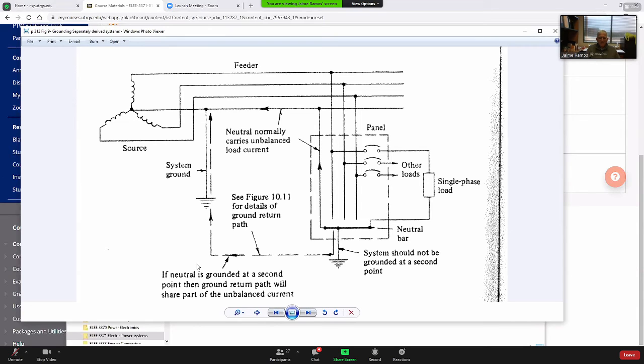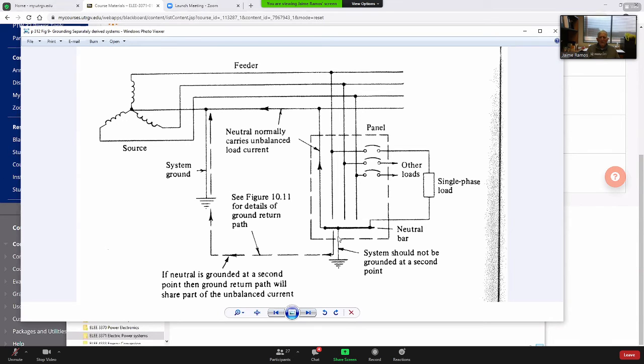Why not? The answer is given here. If a neutral is grounded at a second point, then the ground return path will share part of the unbalanced current. So if we ground the system here, then ground is going to conduct part of the neutral current. The normal path of the neutral current is going to be through the neutral conductor, which is going up.